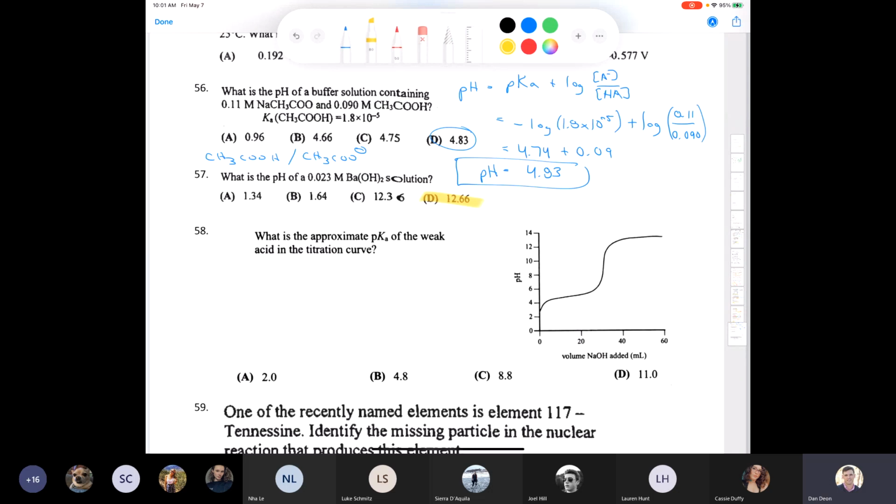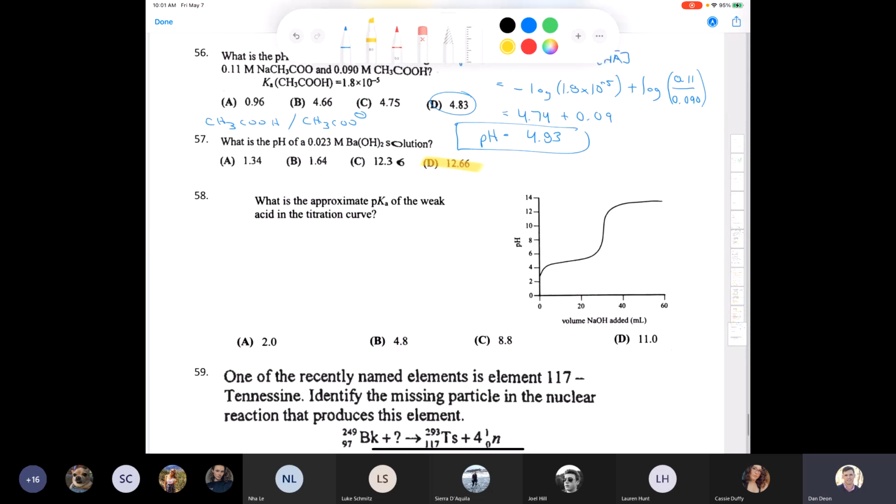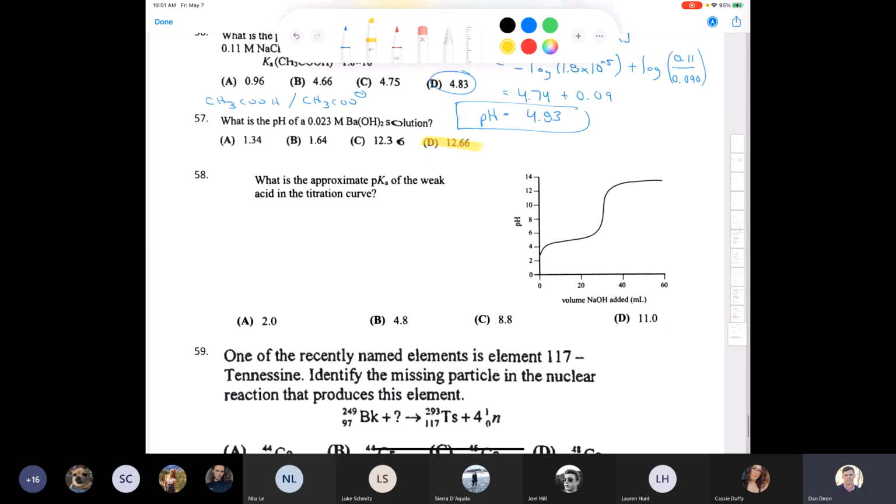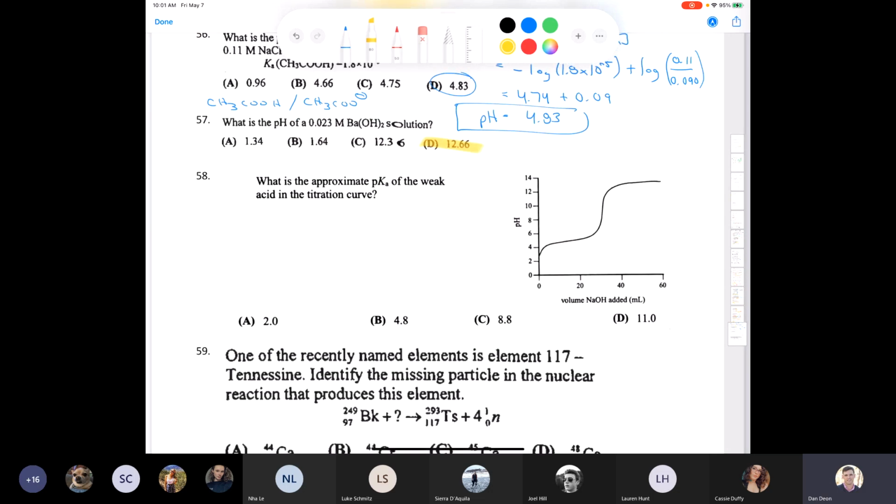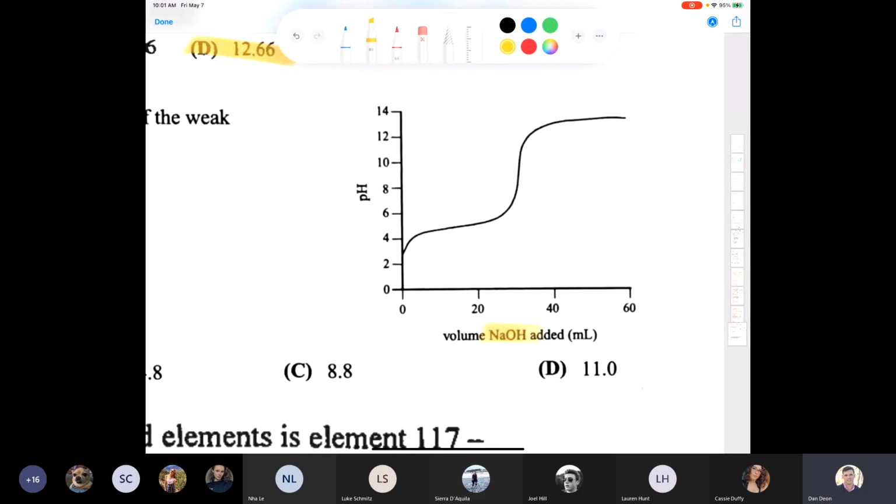What's the approximate pKa of the weak acid in the titration? Of the weak acid in the titration curve, right? We have a strong base, sodium hydroxide. Okay, we have our weak acid, right? We're starting at a pH of around 3, and then we're adding base, we're adding base, we're adding base. We get to the equivalence point here, and then we've got more and more base, so we get to a really basic pH.